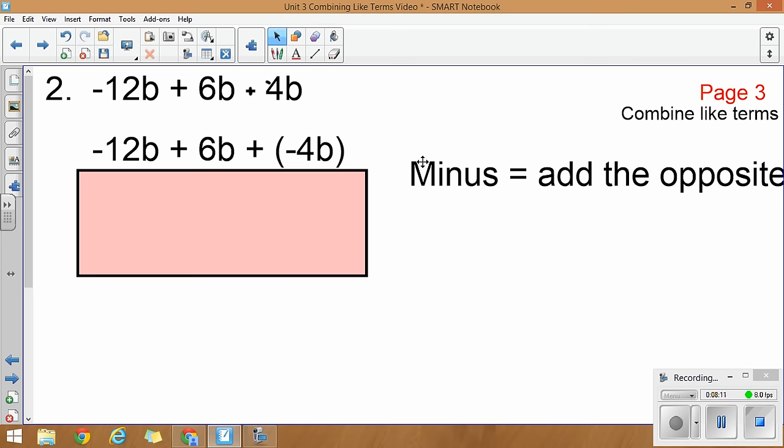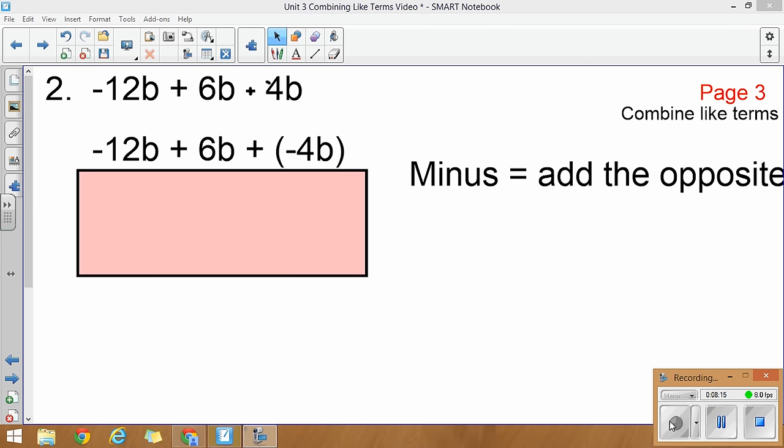If you notice, all of the coefficients have a variable of b next to it. Negative 12 is being multiplied to b, 6 is being multiplied to b, and negative 4 is being multiplied to b. So what we're going to do is use our skills that we learned in chapter 1 and combine all three of these terms and multiply it to a b in the end.